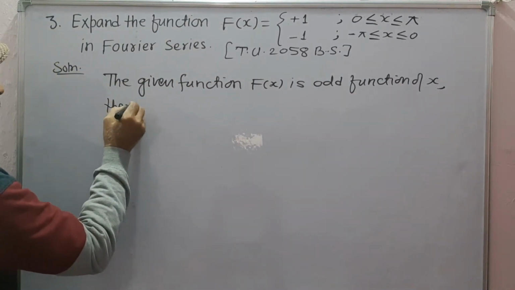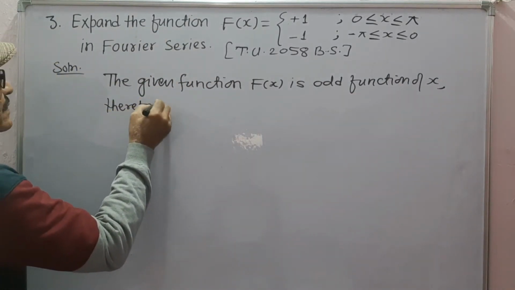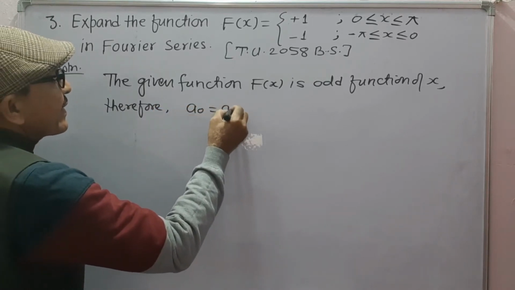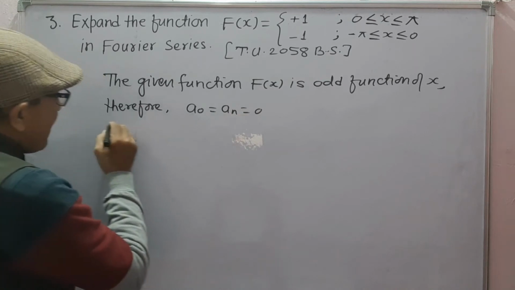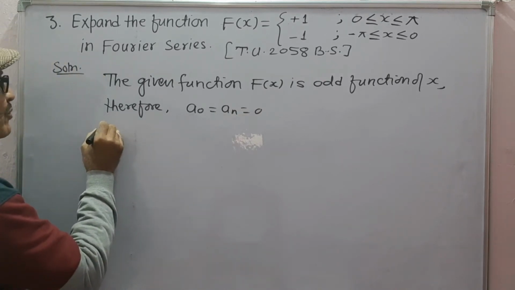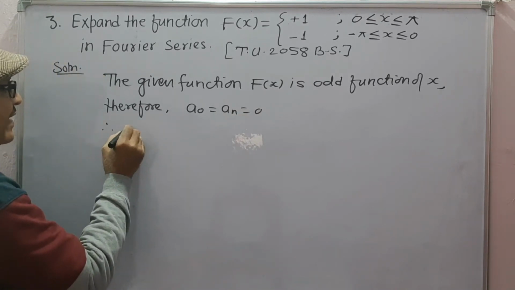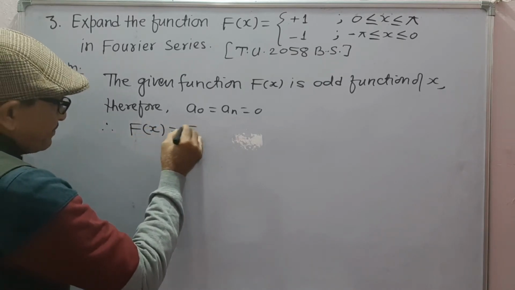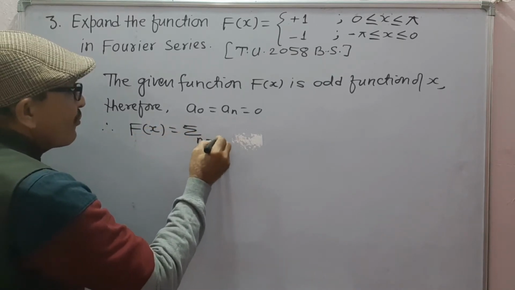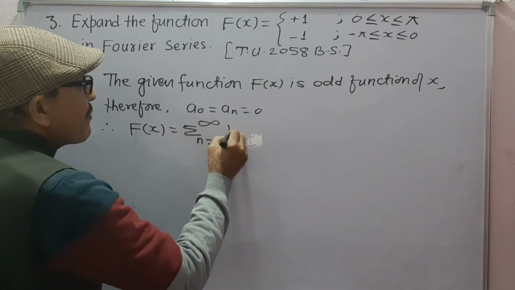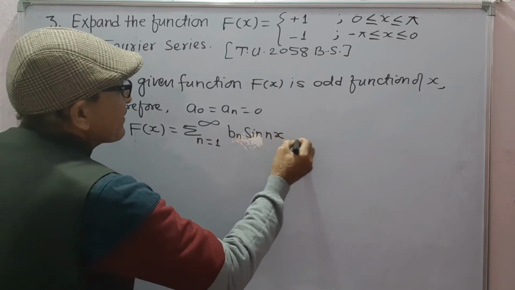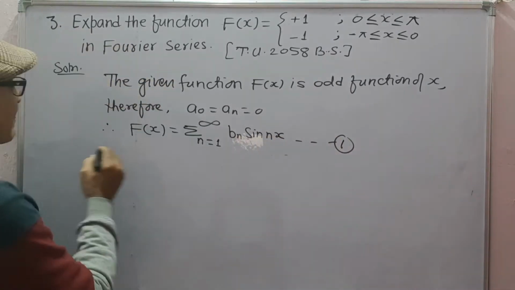Therefore, a0 and an will be 0, and the Fourier series will be Fourier sine series, as f(x) is equal to summation 1 to infinity bn sin nx. Suppose this is equation 1.